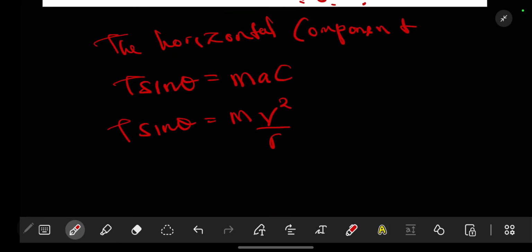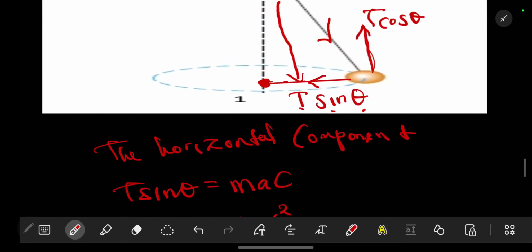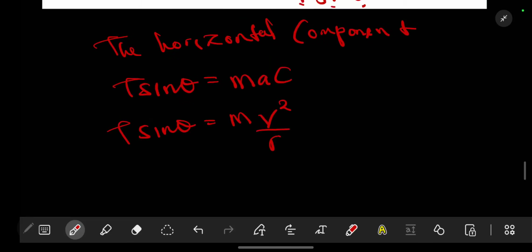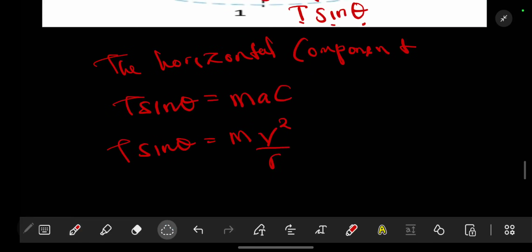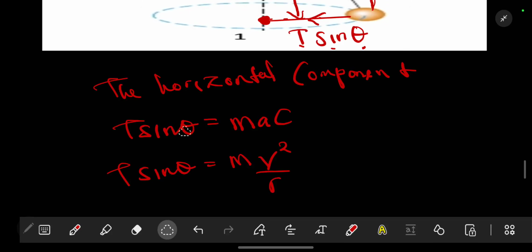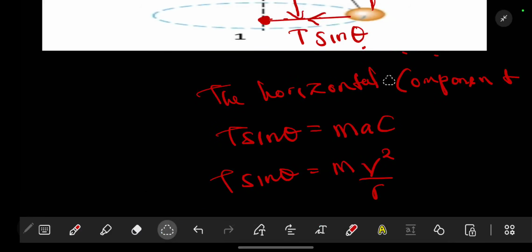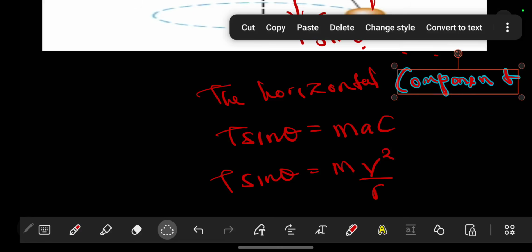This is the horizontal component. Let me reduce the thing so that I can write a lot and compare between the two, to see which one to start with, depending on the amount of information that you have.